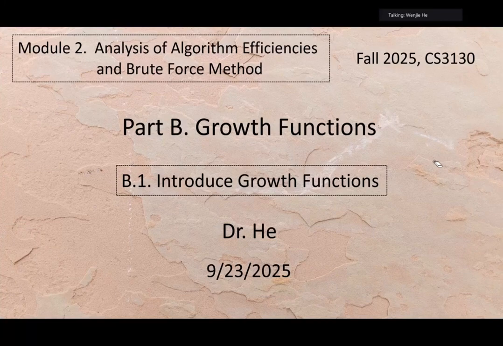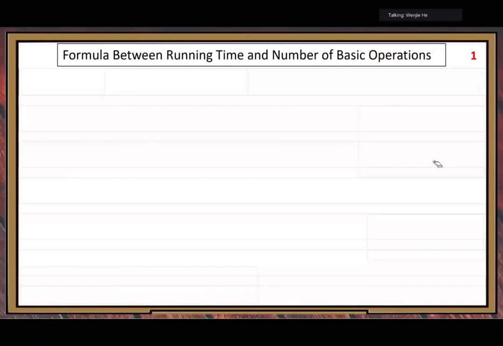B.1, introduce growth function. The formula between running time and number of basic operations. We know the running time is the direct measure of efficiency. But remember, this measure is not stable.